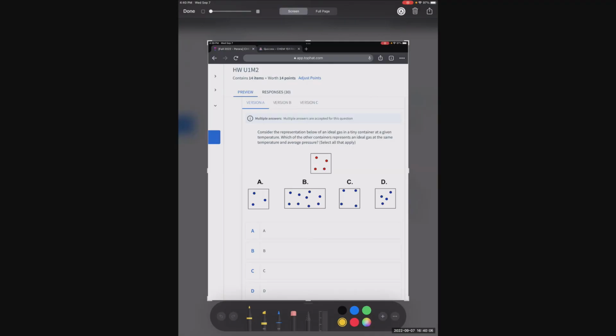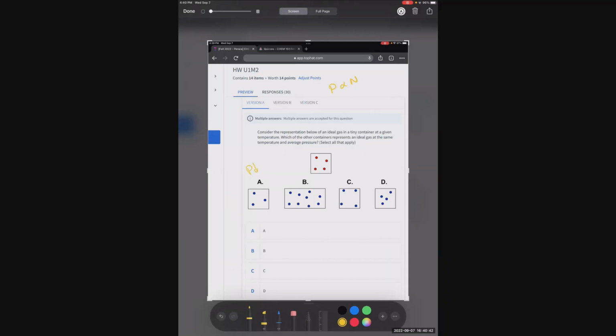So they should have the same pressure, same temperature, and the same volume in A, C, and D. Again, it's about the pressure and the number of particles, because all the others are constant for A, C, and D. In A, we have a lesser number of particles compared to the original container. Therefore, we should have a lower pressure, not the same pressure as the original one.